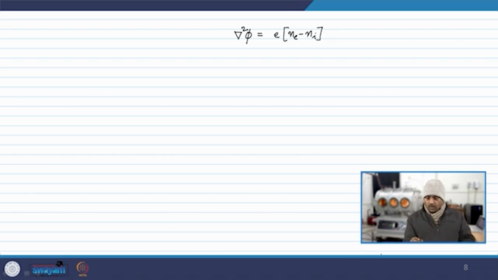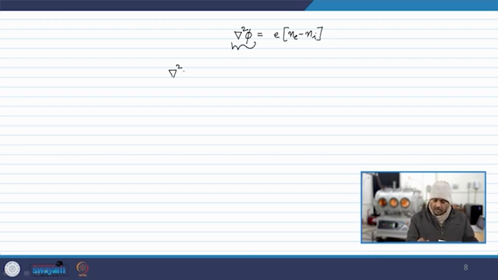Okay. So, now we have to see how this del square phi can be expanded in the r theta phi coordinate system. This is standard, you can refer to any book on simple vector calculus, you will find this expression readily available.